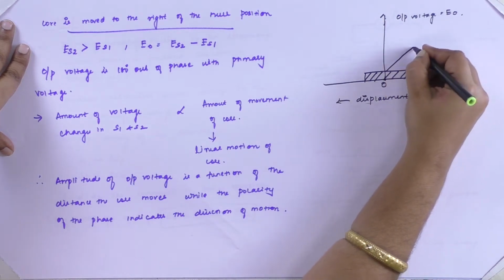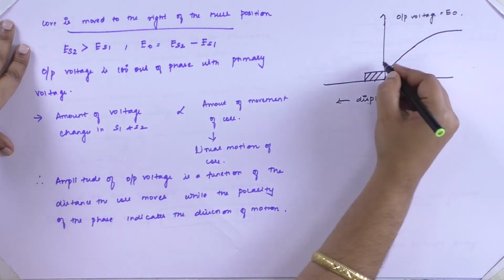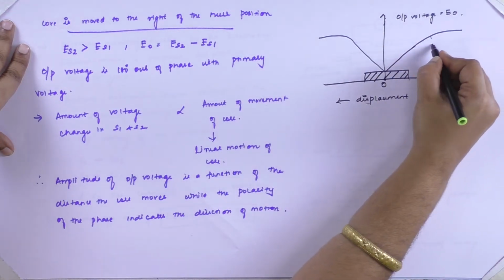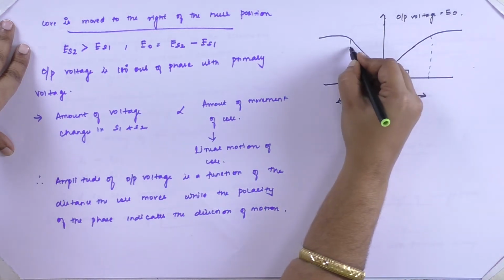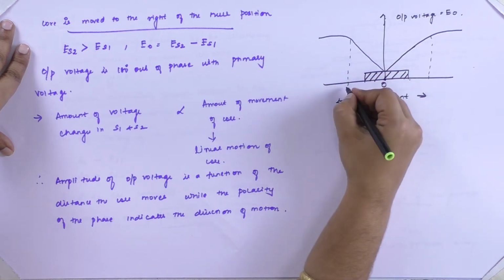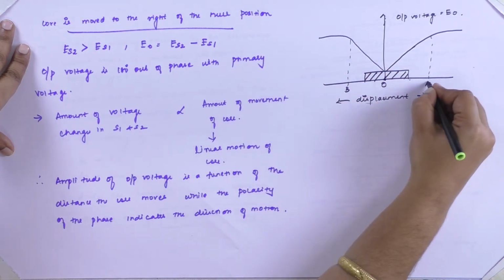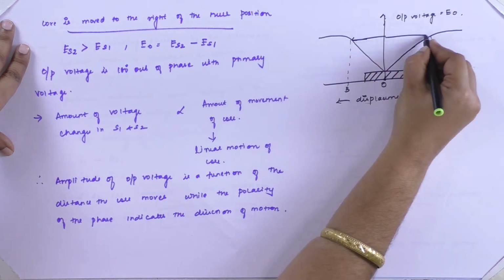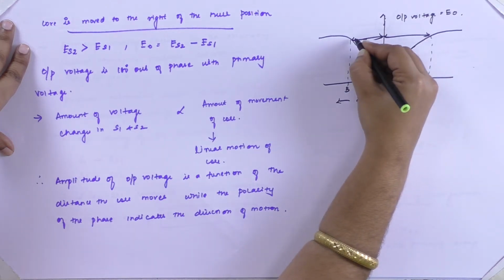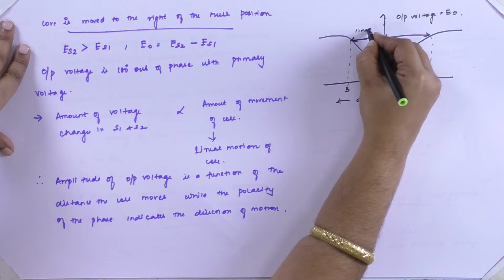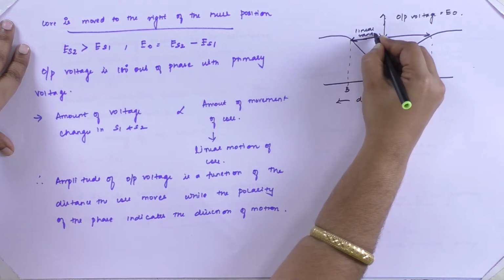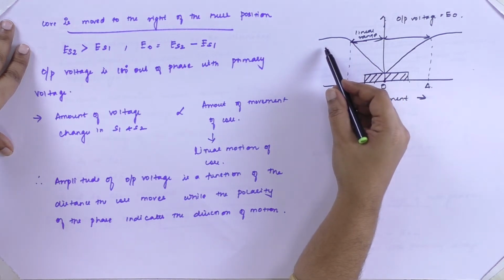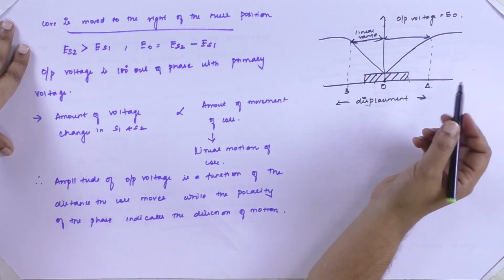The characteristics will be linear, which is indicated with the distances OB and OA. This is the linear range. Beyond 5 mm, the curve will become non-linear.